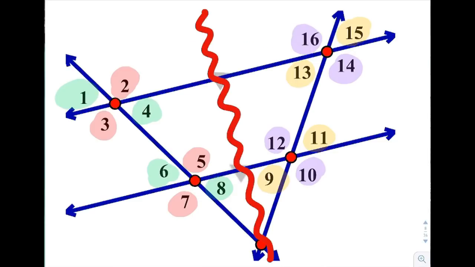So the red and the green on the left: everything in red or pink is all equal, and everything in green is all equal. They're either vertical or alternate interior or corresponding, etc. And on the right side, anything in purple is the same, and anything in yellow or gold is the same.